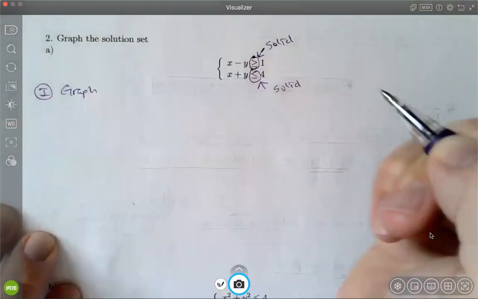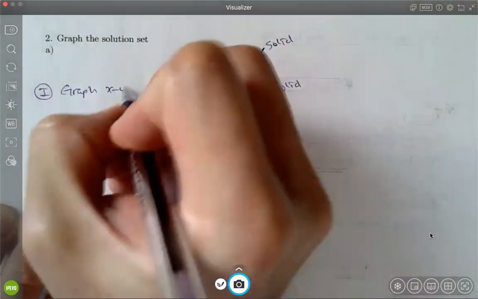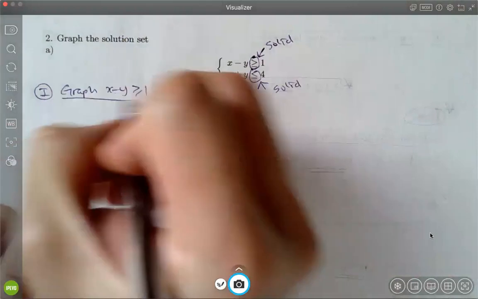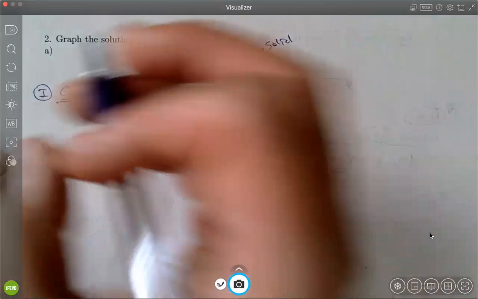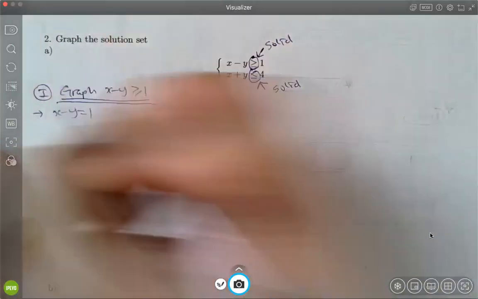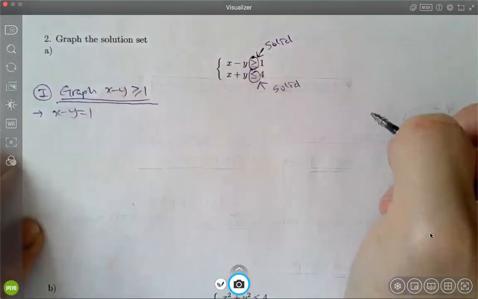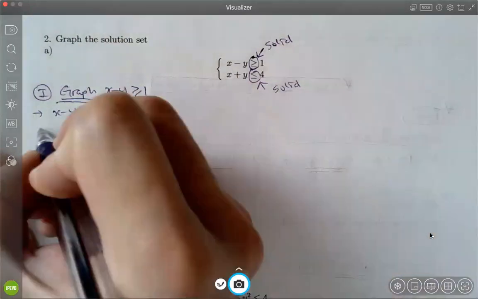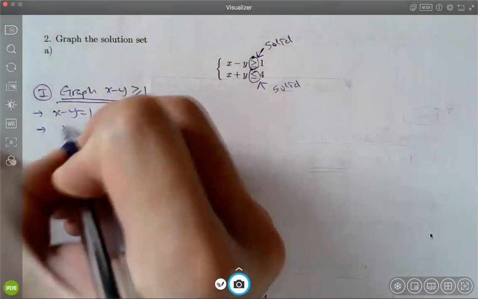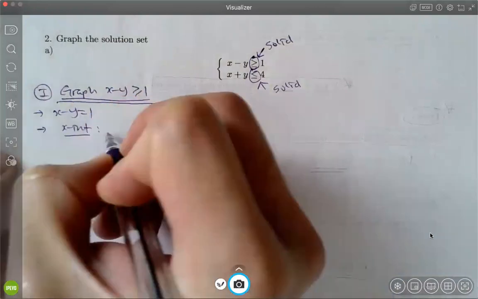the first one. x minus y is greater than or equal to 1. Remember what we do here. Pretend that we had an equal sign, so x minus y is equal to 1. And then we just find the 2 points. For the x-intercept, we set y to 0.